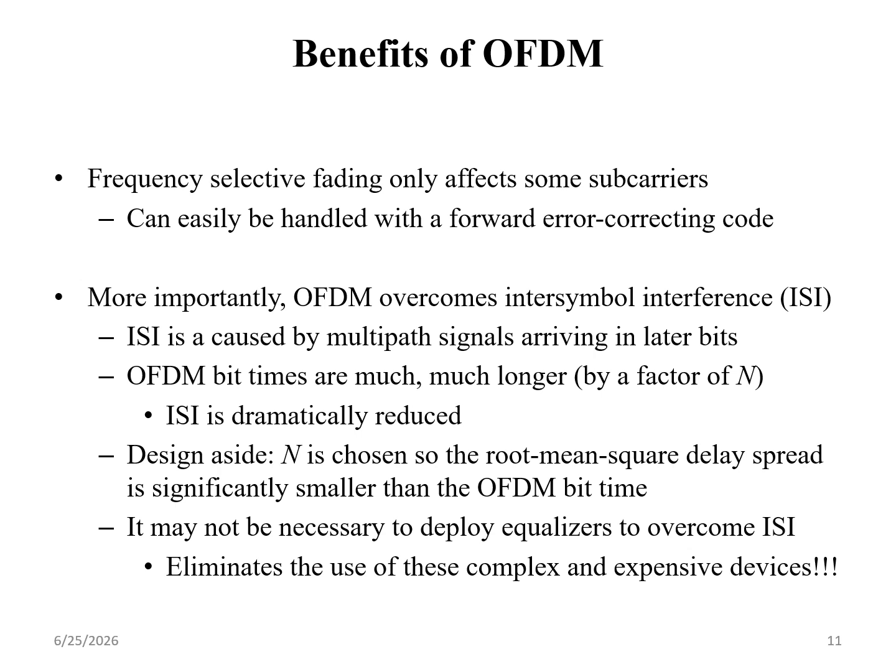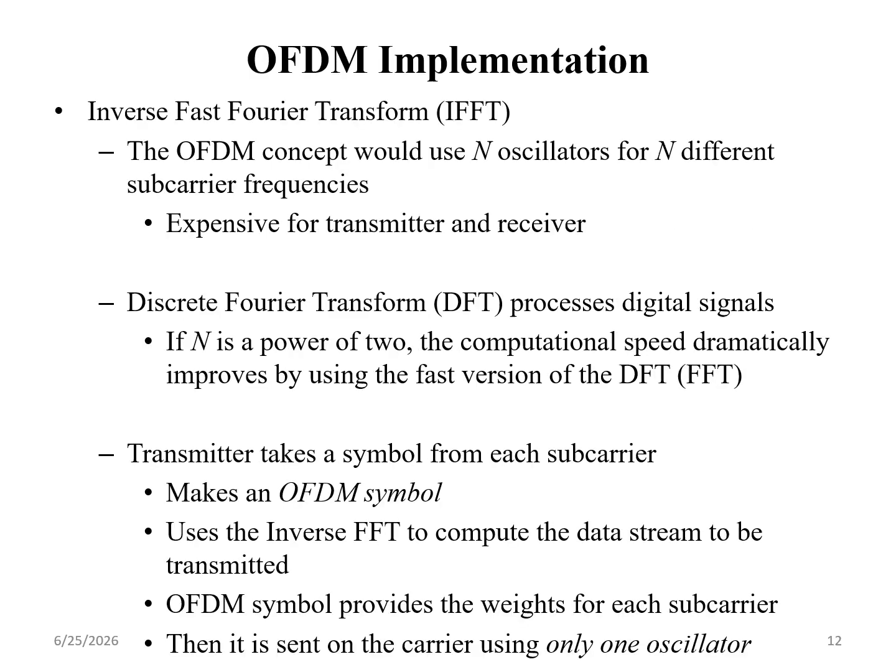So this was the design. It is not necessary to deploy an equalizer to overcome ISI. It eliminates the use of this complex and expensive design. So why are we going to use this? In order to overcome the complex as well as expensive design. So these are the advantages, or benefits, of OFDM.